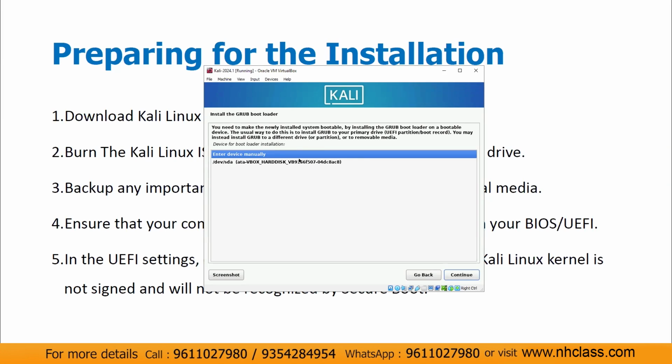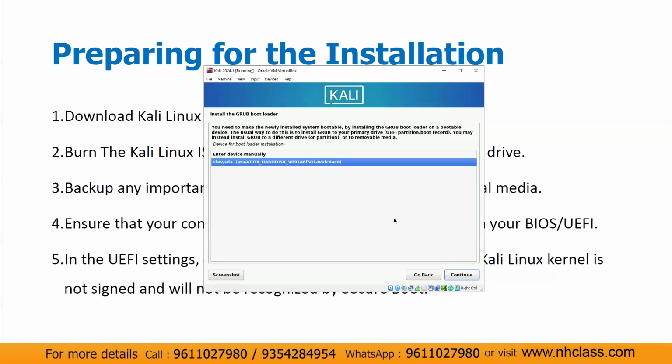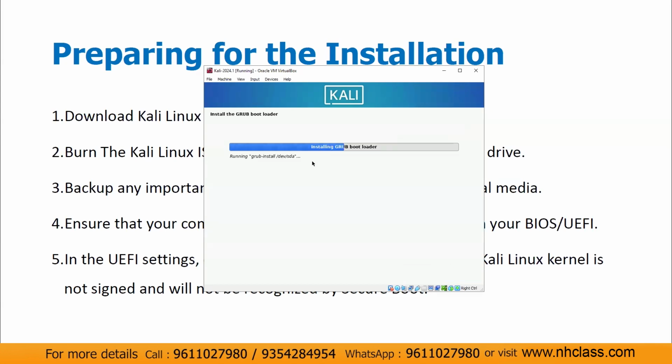And inside that, generally it is suggested that you can use a different device like a pen drive or external hard disk, but if it is a physical machine backup. Right now it's in the VM only, so I will select this and continue. It's updating GRUB, and you can see the installation is now finished. At the end, it will ask for the restart. This is the VirtualBox guest, as we are installing the virtual machine.